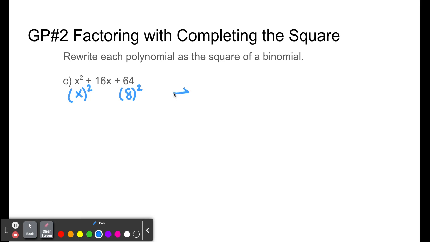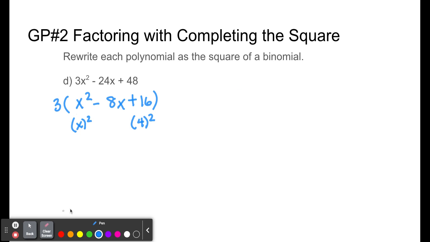And again, for this one, our f term is x, our g term is 8. It's a positive 8, our b value is being added, so this is x plus 8 squared. And then lastly, for this one here, we factor just the trinomial into the binomial squared.